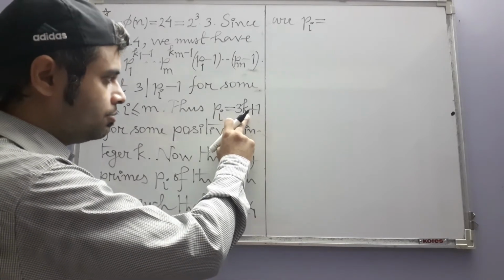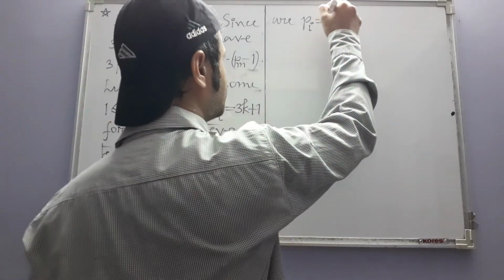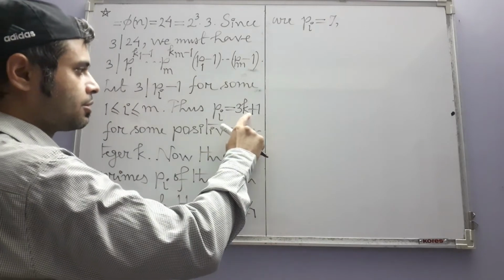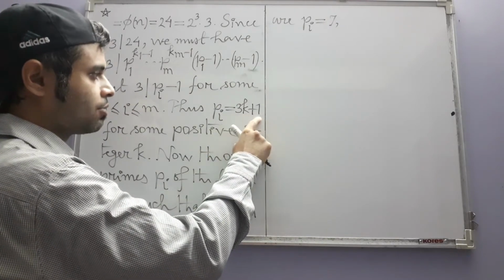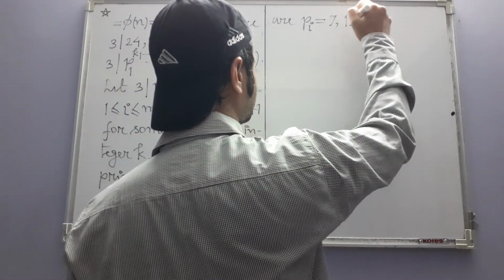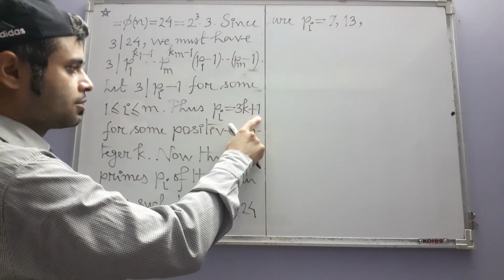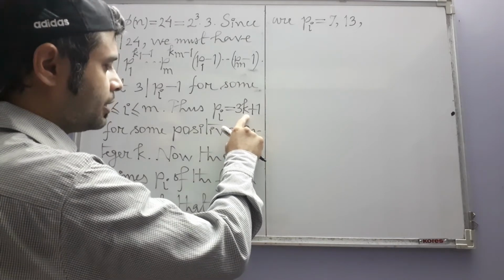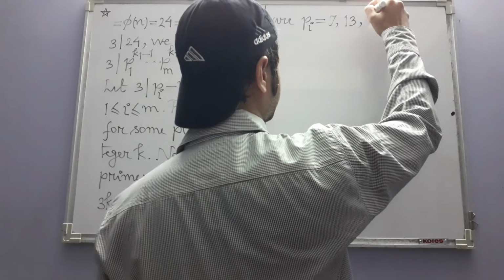K equal to 2. 3 times 2 plus 1 is 7, that is a prime. 3 times 3 plus 1 is 10, no. 3 times 4 plus 1 is 13, that is again a prime. 3 times 5 plus 1 is 16, that's not an option. 3 times 6 plus 1 is 19, that is an option.